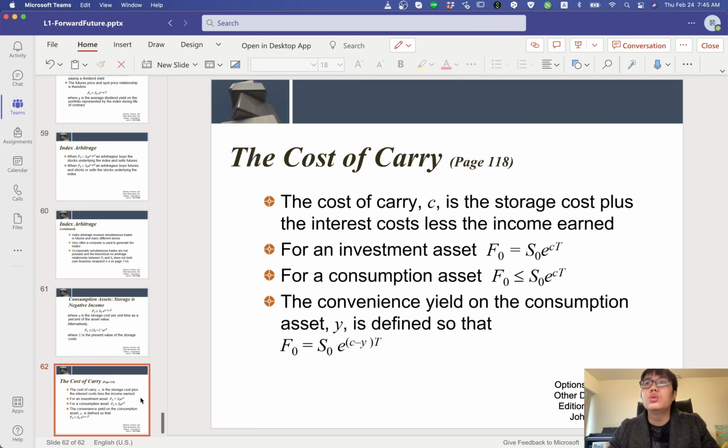To sum up, we can formulate this based on the dividends, the incomes, and the storage cost. The cost of carry is equal to the storage cost plus the interest minus the income. In that way, F will be equal to S times e to the power cT, where e is the natural exponential and c is the cost of carry.